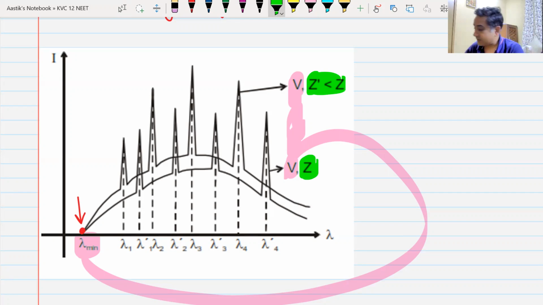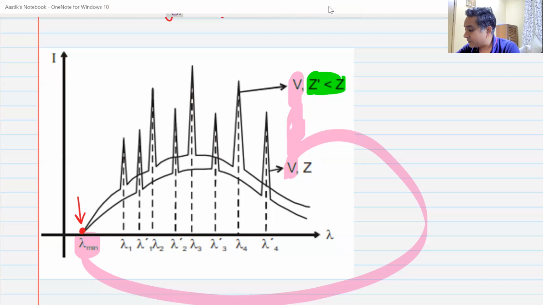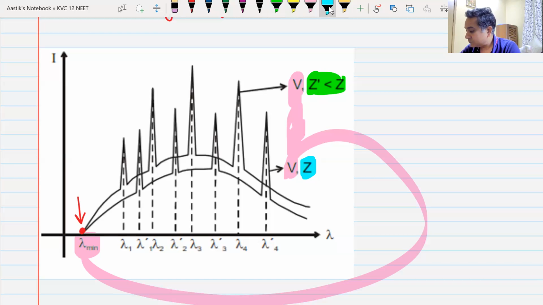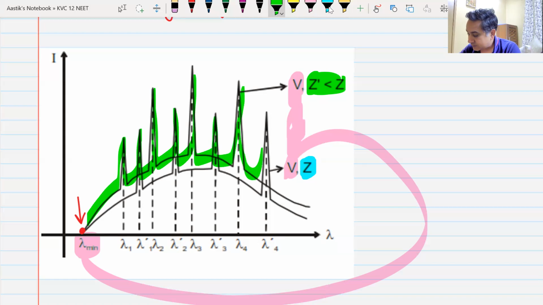Let me mark them with different colors so you will be able to identify them. This lower metal is with the green color. This is the green one.